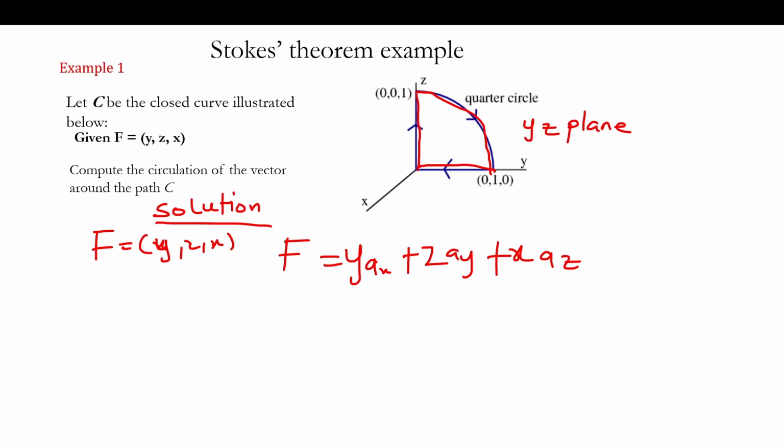And so the circulation of the vector around the path C is equal to the circulation along the left path plus that along the top plus the circulation along the arc.